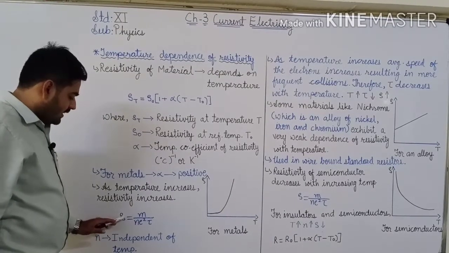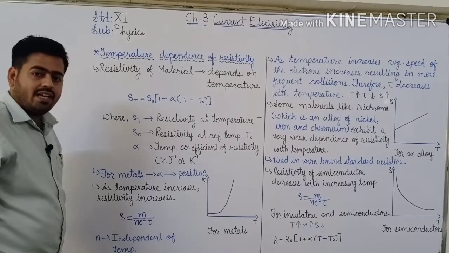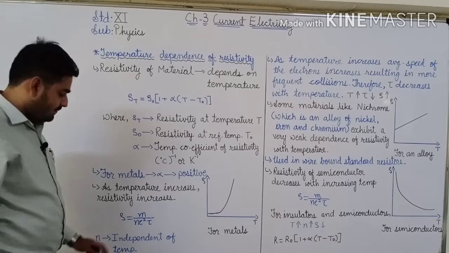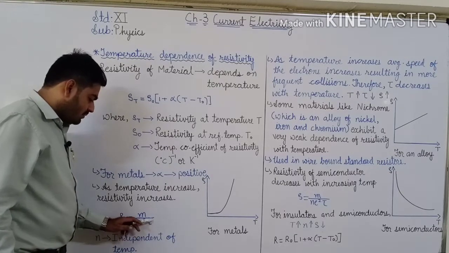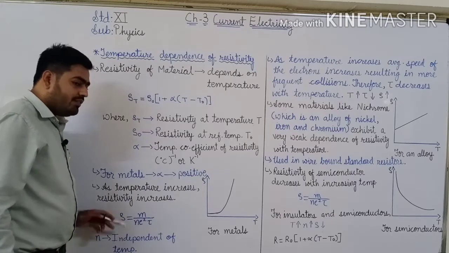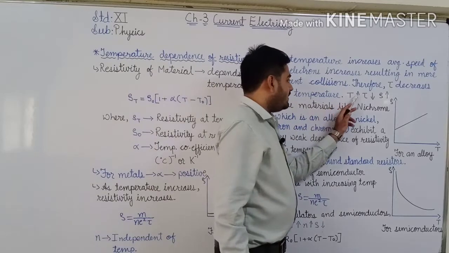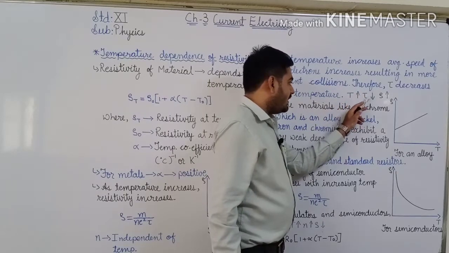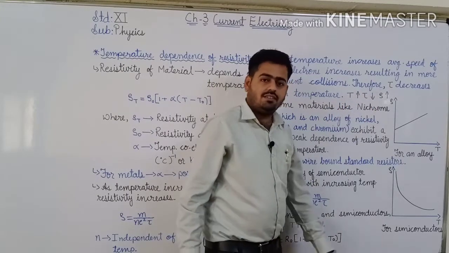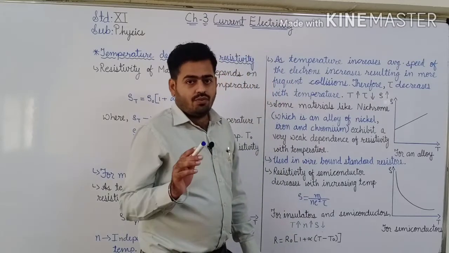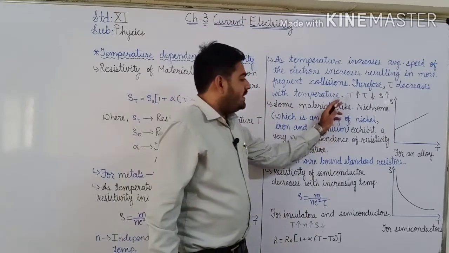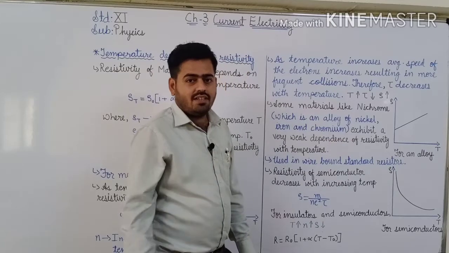Therefore we can say that resistivity is inversely proportional to relaxation time for conductors. As value of tau decreases, resistivity increases. Therefore as temperature increases, relaxation time tau decreases, resistivity increases.